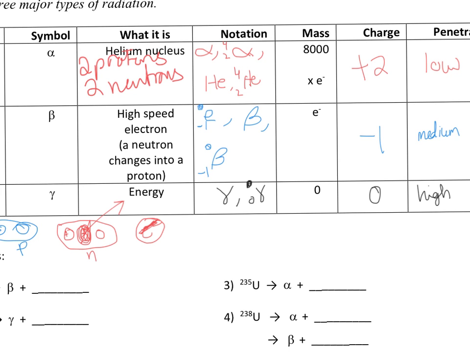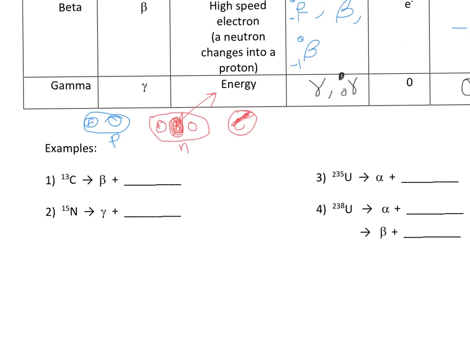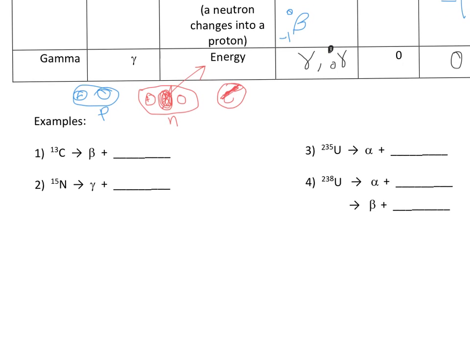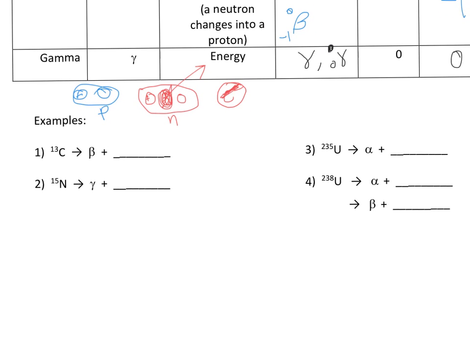So now let's look at some nuclear reactions happening. We'll start with a carbon-13 isotope decaying and giving off a beta particle. To solve this, the first thing you want to do is write down the atomic and mass numbers for each part that you see in your equation. Carbon, in this case, has a mass of 13.